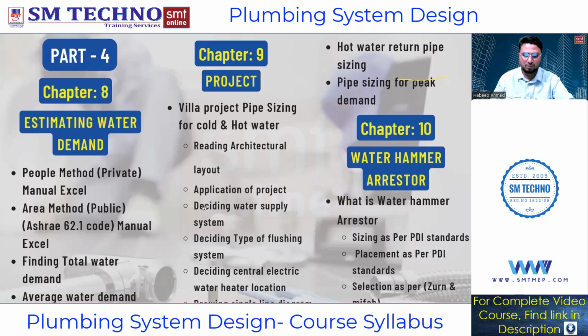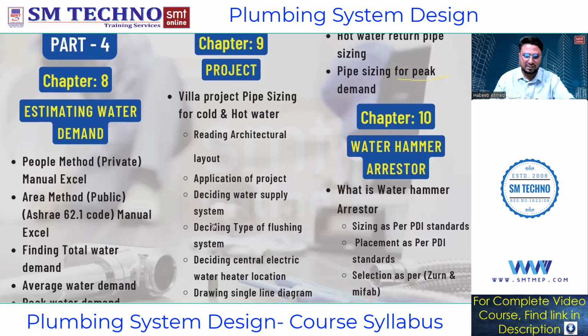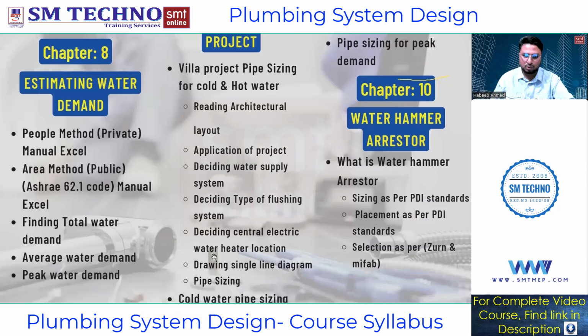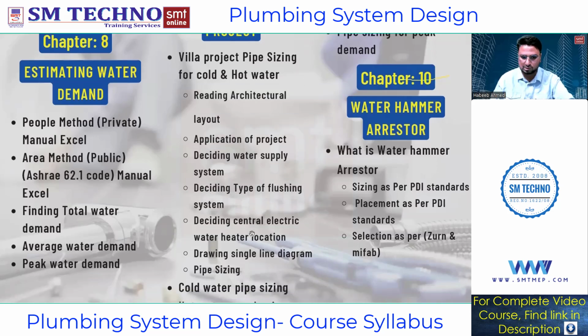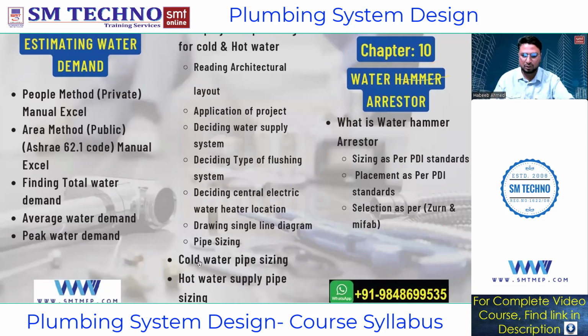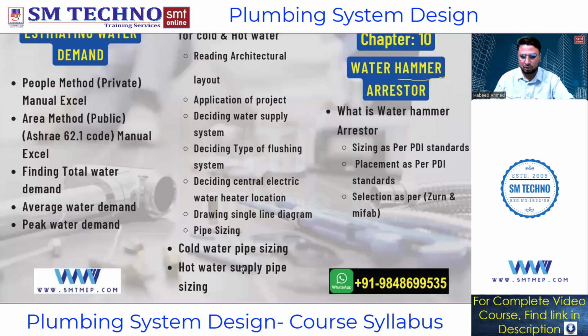Third is deciding the water supply system, like what kind of system we should adopt. After that, deciding the type of flushing system, and deciding the central electrical water heater location. So you should decide the location of the equipment also. Then drawing a single line diagram. Afterwards, we'll move on with the pipe sizing. Under pipe sizing in the Villa project, we'll deal with cold water pipe sizing and hot water pipe sizing.